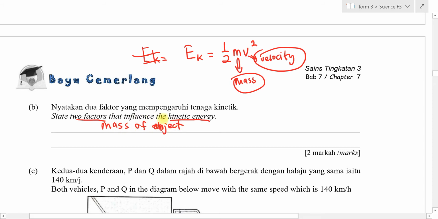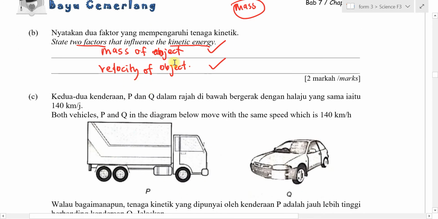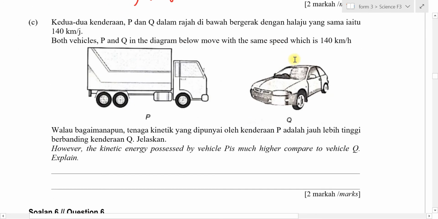Don't write just mass. Mass of object, velocity of object. 2 marks. Then we see the next question.